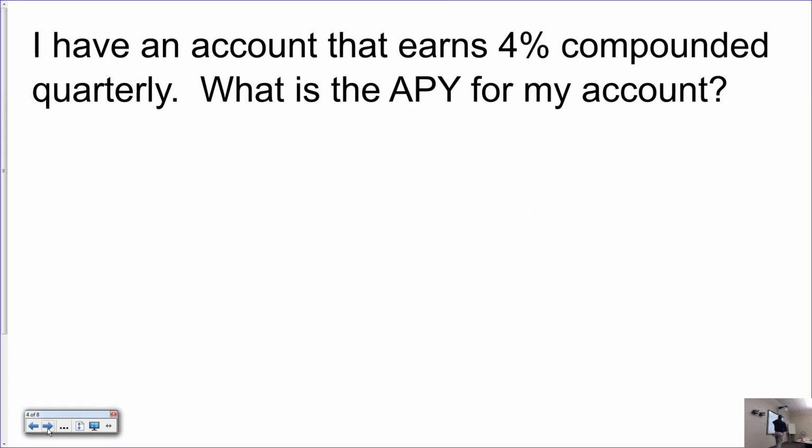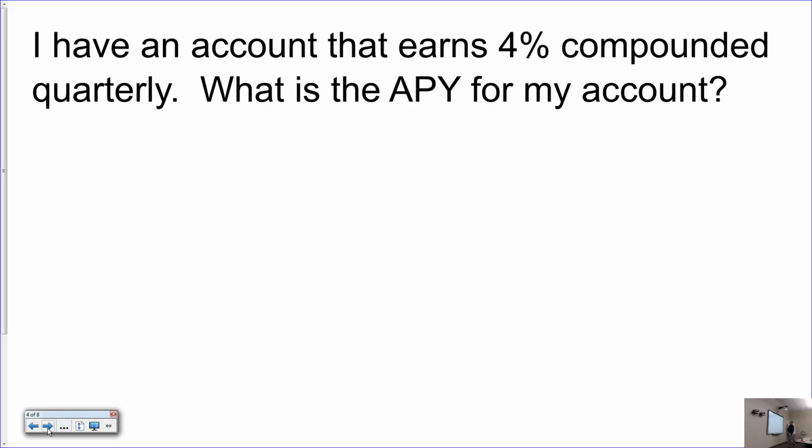Anyways, all right. So how about this next one? I have an account that earns 4% compounded quarterly interest. What is the APY for this account? You guys remember the trick for APY? Okay, so I'll do it.